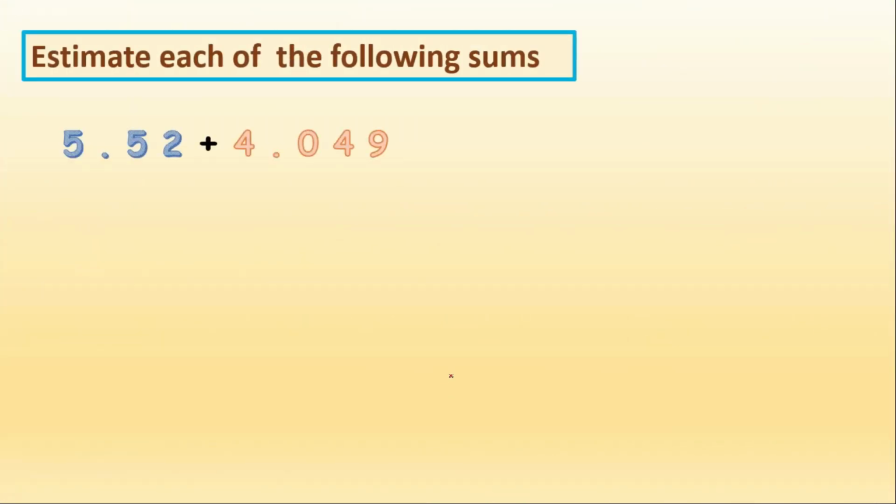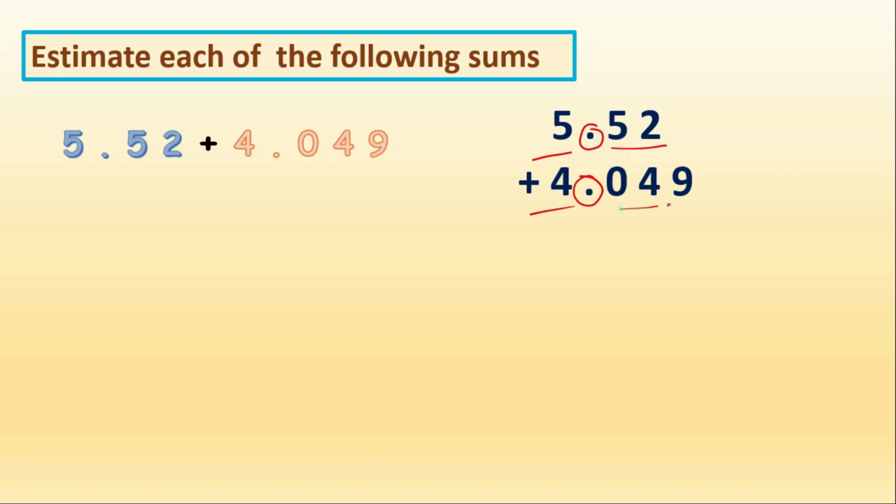Okay, another example, estimate each of the following sums. The first step, write the numbers under each other, vertically. Write 5.52, and then don't forget to put the decimal points under each other, and write the whole parts and decimals. Look at the decimal part.